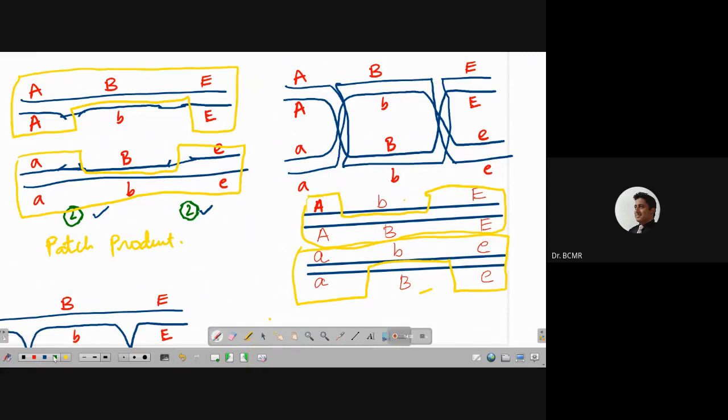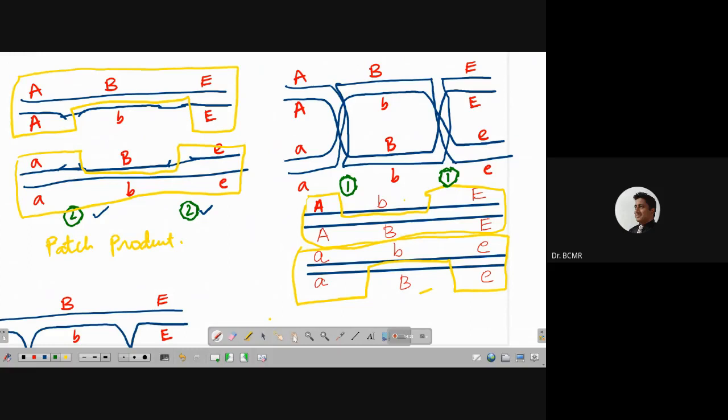In the second one, we did both on site 1. And what kind of products did we get? We got patch products. When you resolve both the X and Y holiday junctions with the same site, you will end up getting patch products.